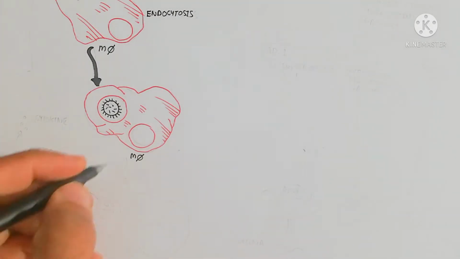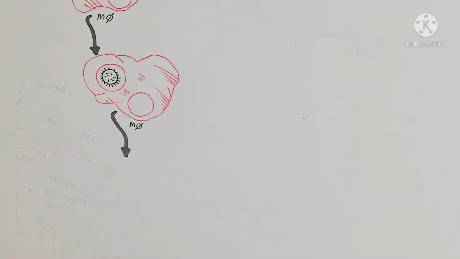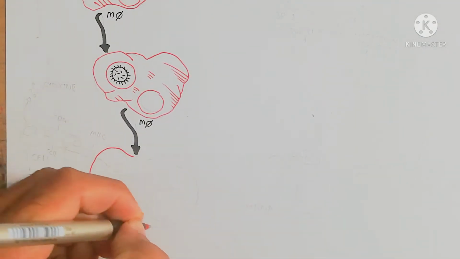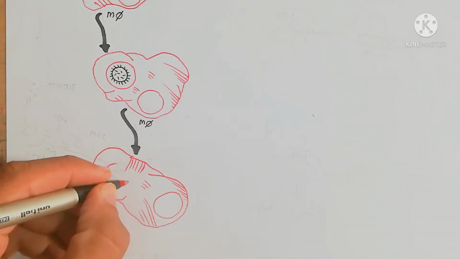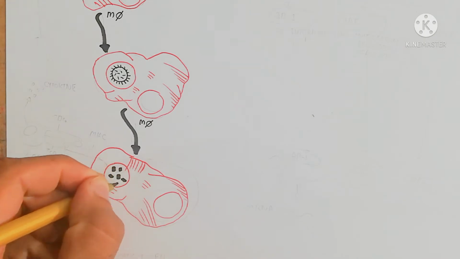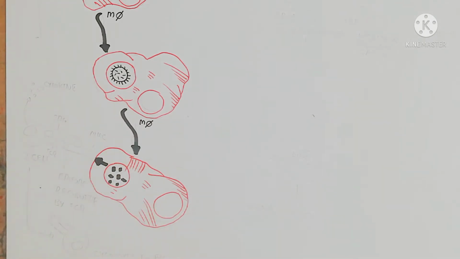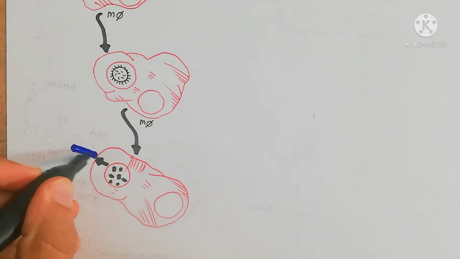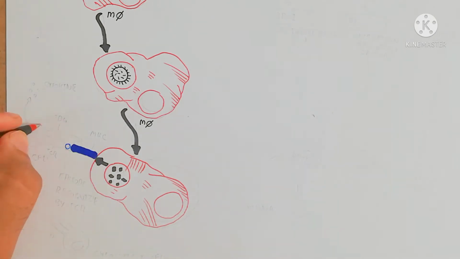Then the endosome forms, and in the endosome the hydrolytic enzymes and lysozyme enzyme convert the antigen into pieces, which are presented by the MHC molecule and recognized by the naive T cell through the T cell receptor and CD4.